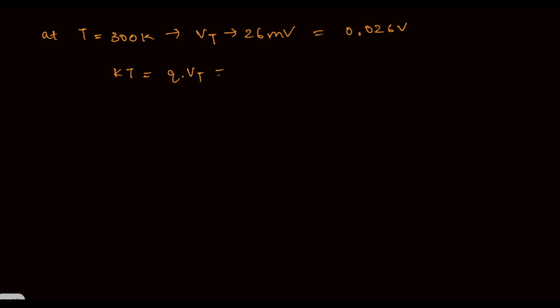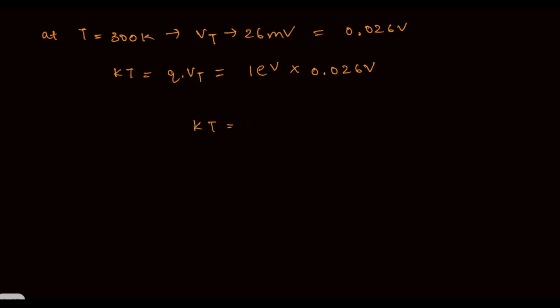At T equal to 300 Kelvin, we will calculate Vt. We know Vt is 26 millivolt. If you want to write that in volts, then that will be 0.026 volts. Now I will calculate kT. Then kT is Q into Vt, and we have taken the unit charge as 1 electron volt, so 1 electron volt into 0.026 volt.